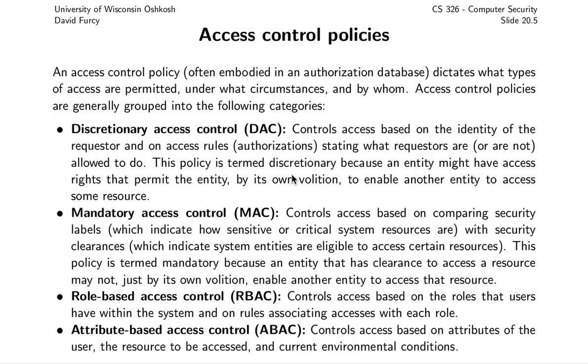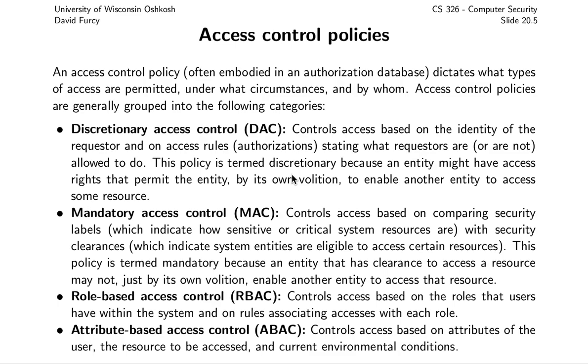And the authorization rules are basically decided by the owner of that resource. So it's called the discretionary access control mechanism because the access control rules are at the discretion of the owner. The owner of the resource can decide who they give access to that resource and with which specific rights.